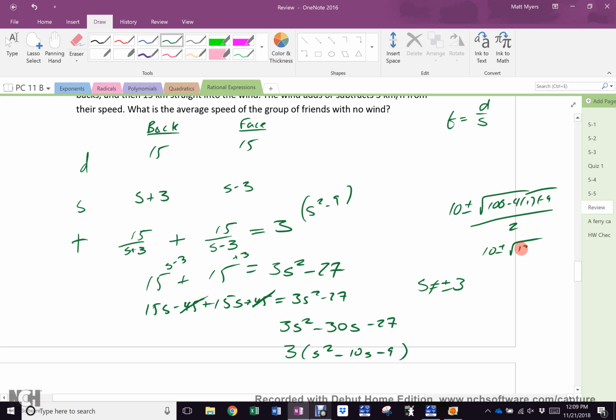Negative 36, so negative 4 times negative 9 is positive 36. 100 plus 36 is 136. Over 2. Cancel that. 5 plus or minus root 136. 136, we can simplify, yes? To what?